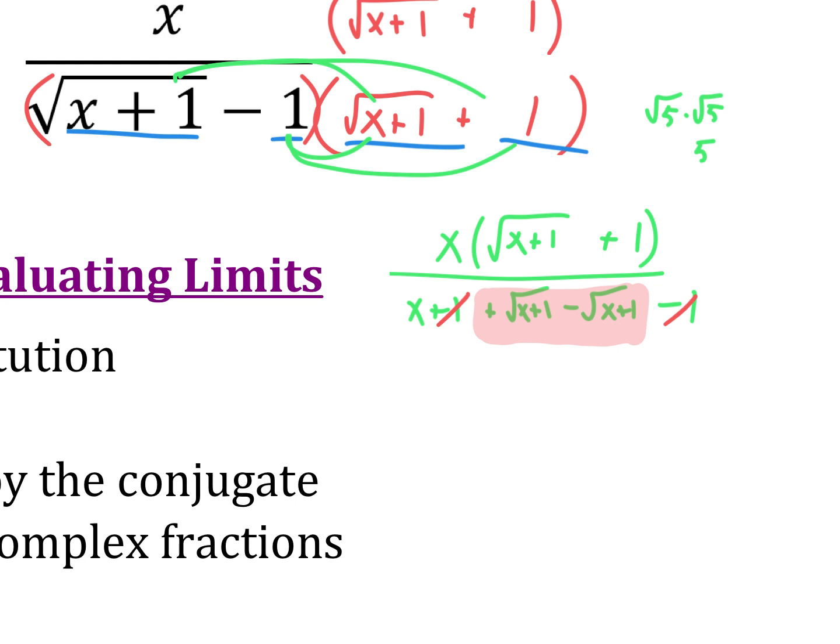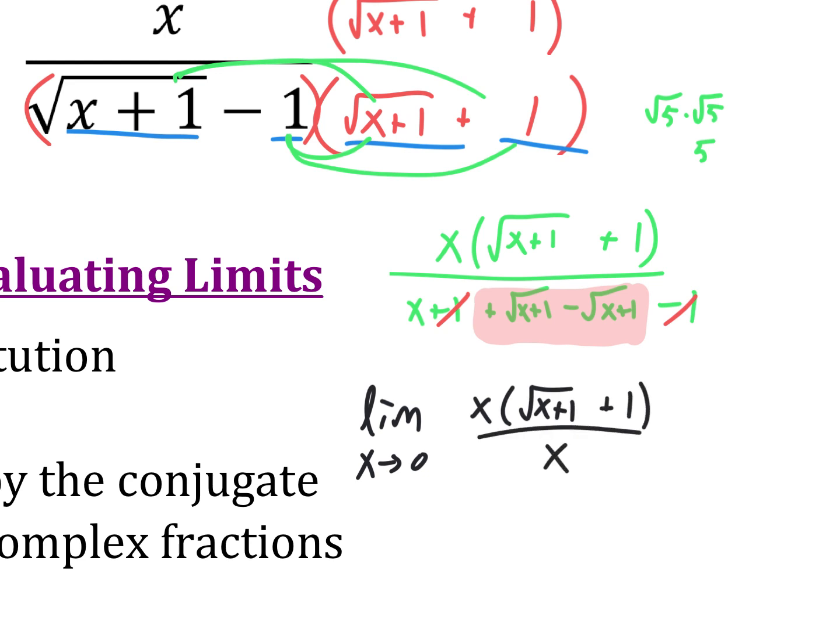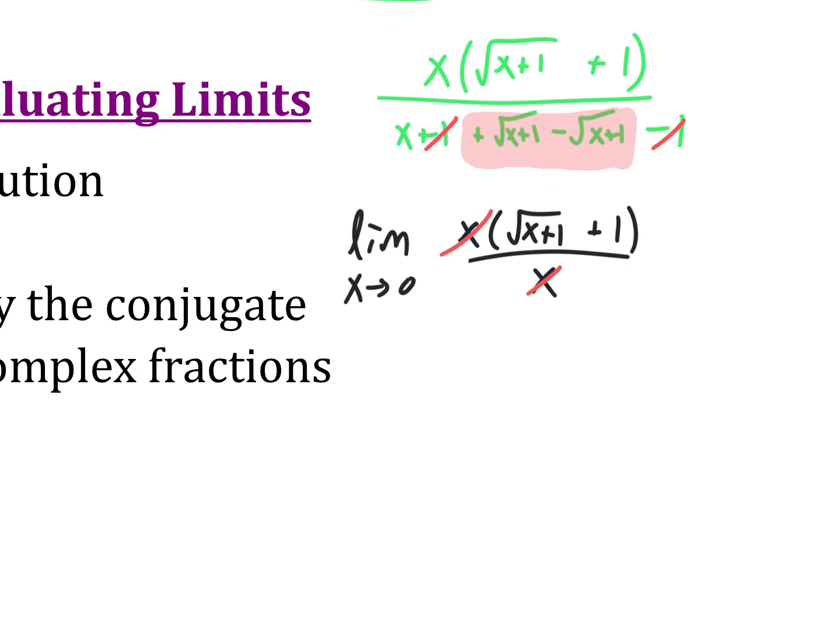So now my function looks like the limit as x approaches 0 of x times the quantity square root of x plus 1 all over just x down there. Oh man, these x's will cancel out as well. So now I've got the limit as x approaches 0 of the square root of x plus 1.